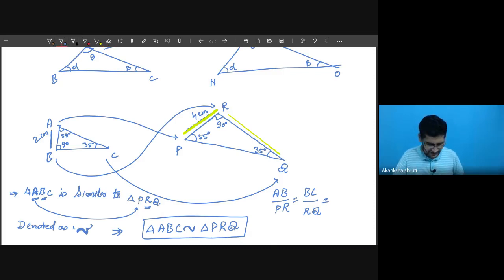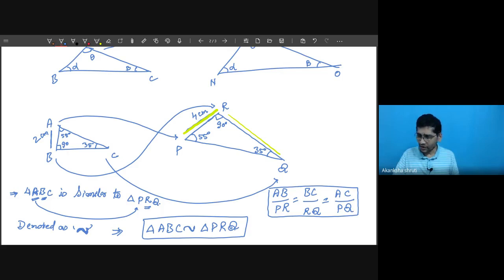The third ratio, AC: you take A matching with P, so you write P, and C is matching with Q, so we write here PQ. So this is the meaning of ratio of sides.